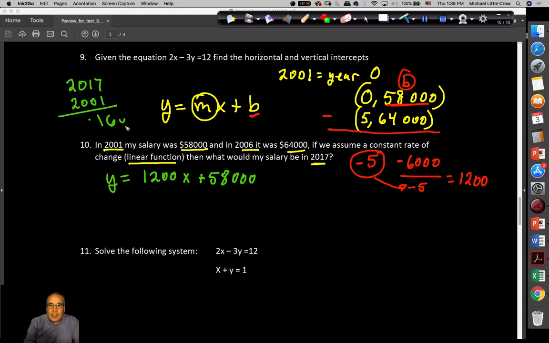So it's 16 years difference. That's what we get to plug in for x. So we're going to write this as y equals 1,200 times 16 years plus 58,000. And that will give us our new salary.